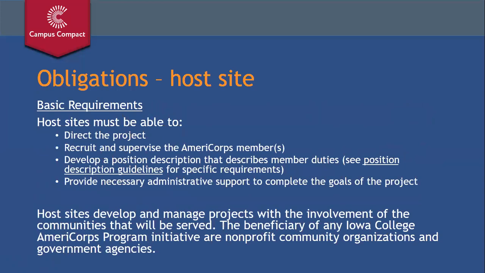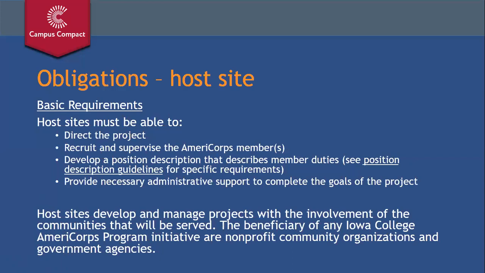Some of the basic requirements are to be able to direct the project. So you have to be able to provide some sort of direction to what the AmeriCorps members are doing. You must recruit and supervise the AmeriCorps members, or assign supervision. You need to develop a position description that describes the member duties, and there are specific guidelines associated with that.